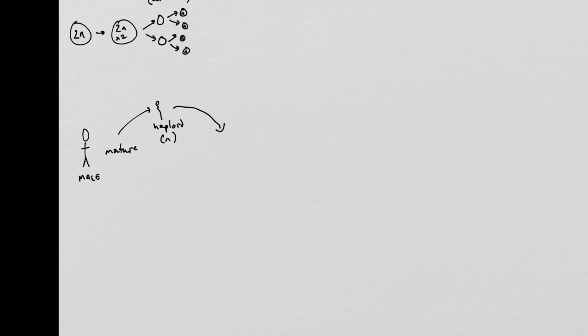And then through the process of fertilization, that sperm is combined with the haploid egg from a female. So this female produces an egg that is also haploid. And when sperm and egg meet, we get fertilization.